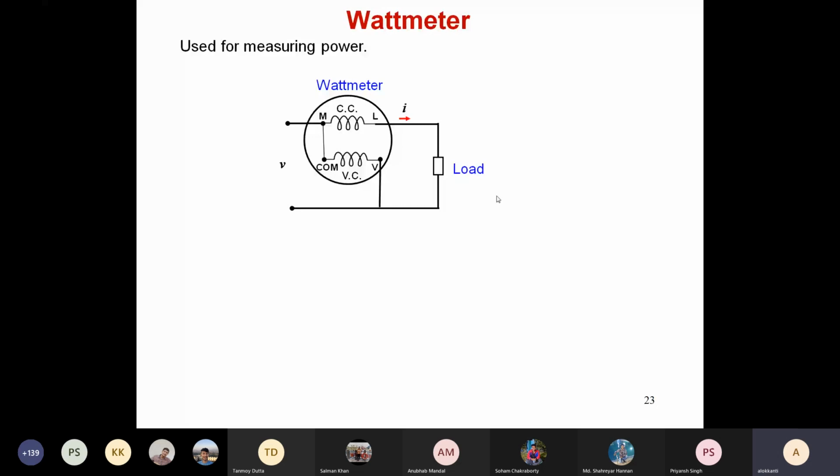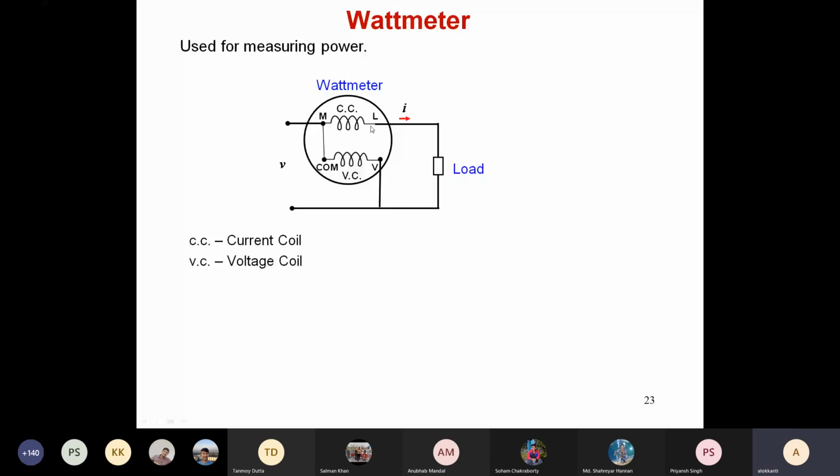One is added in series with the load and one is added in parallel with the load. The coil in series with the load is called the current coil. The one that is parallel with the load is known as the voltage coil. CC is the current coil and VC is the voltage coil, and that is how the two coils are connected. And these are the terminal names.